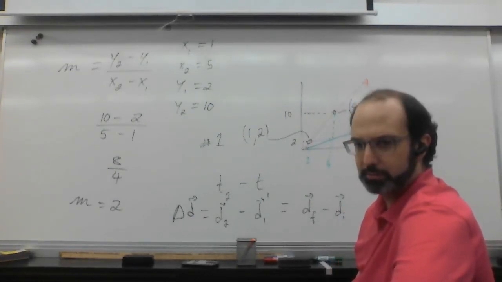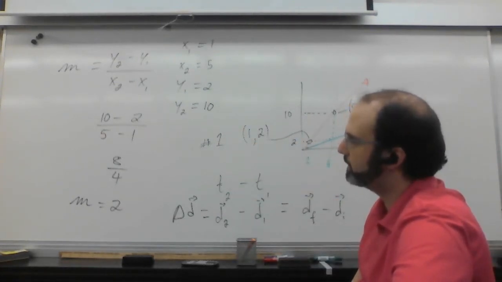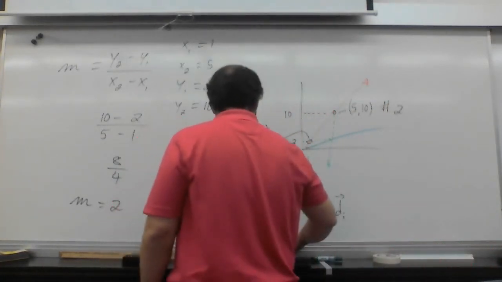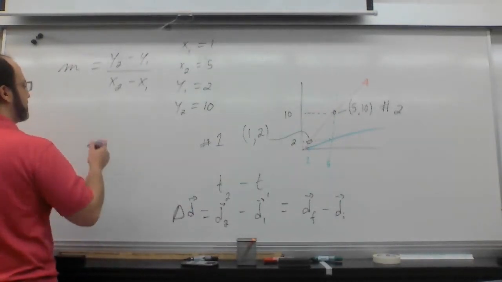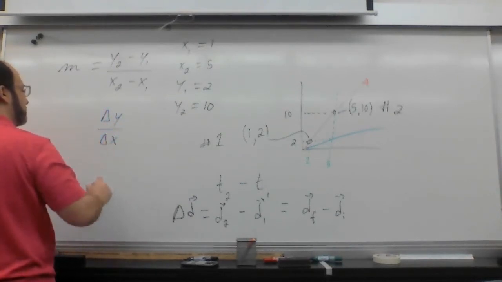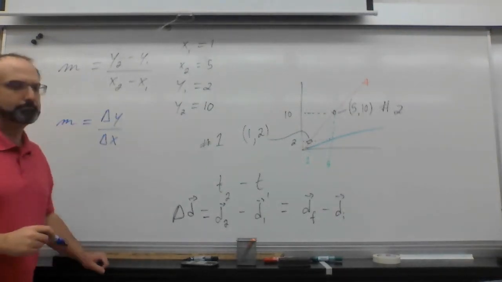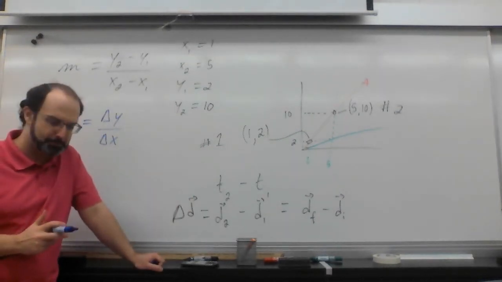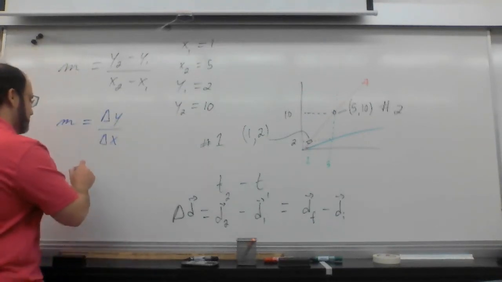So I could rewrite my slope equation up there at the top. I don't have to write it as y2 minus y1. Instead, I could write it as delta y over delta x. And what does delta mean? We just had it written over there. What does delta mean? Change in. It means change in. So what is this saying?